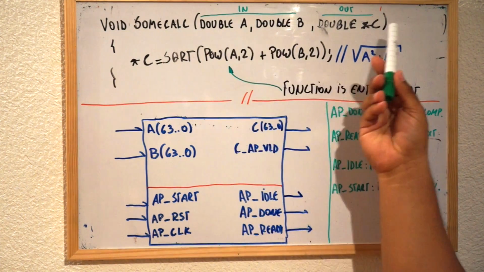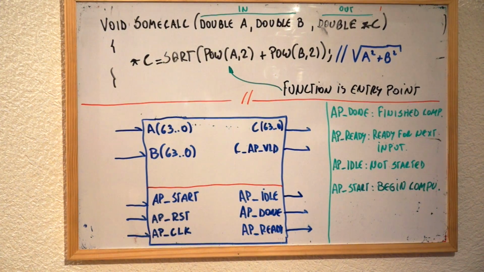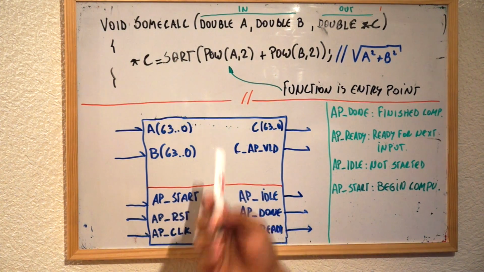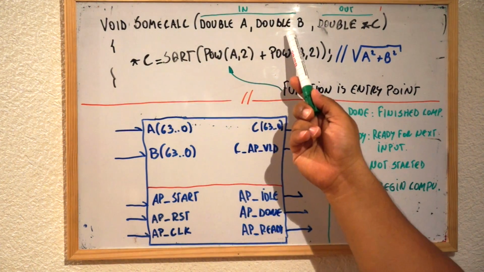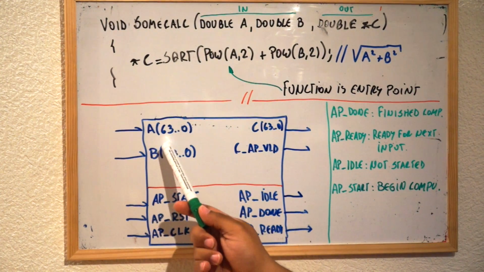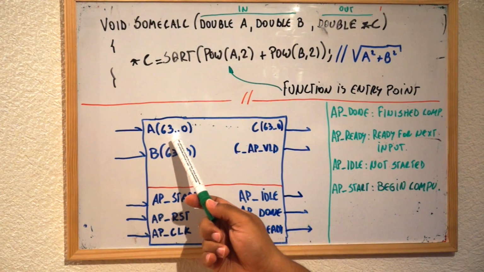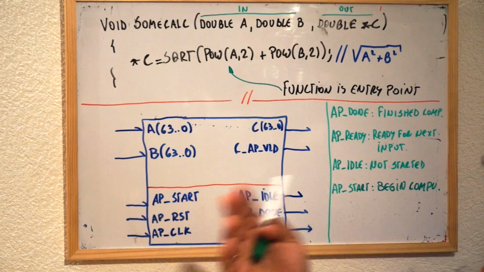The parameters of the entry point function are going to define what will be the ports of your generated IP core. So for instance, here we have double A and B. These are going to become bit vectors. By the way, double maps to a 64-bit vector in Verilog or in your IP core.